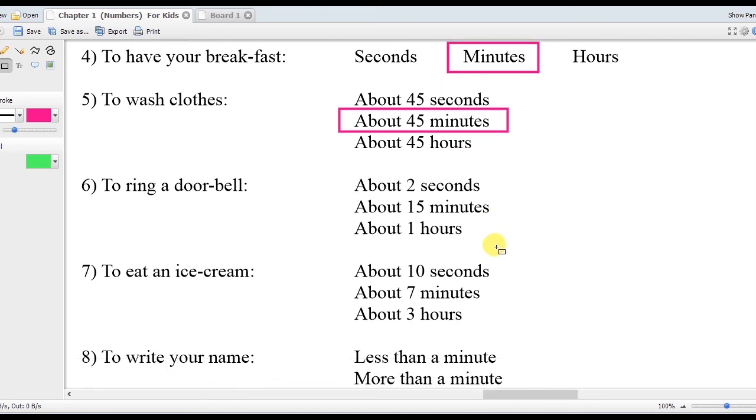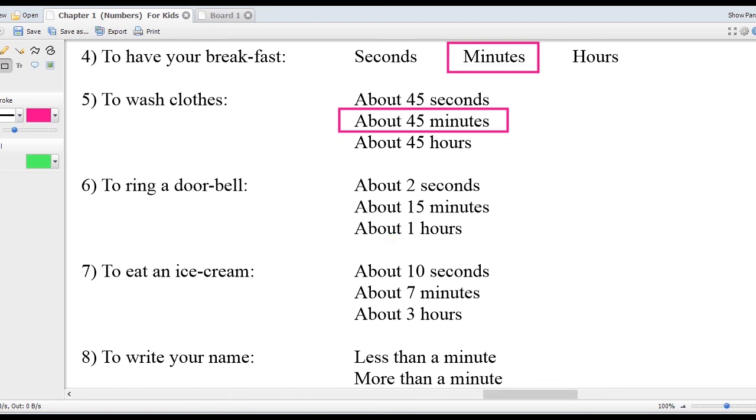About 2 seconds, about 15 minutes, or about 1 hour? Ring a doorbell about 2 seconds, that's decent, and about 15 minutes? Seriously? If you ring a bell for 15 minutes, you can imagine what will happen afterwards.